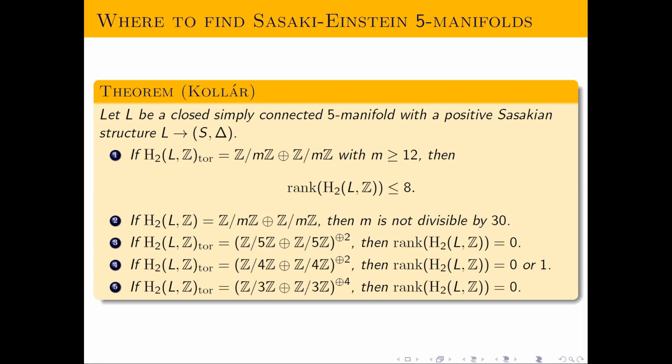And if it has no free part and the torsion part is like this, the second case, then the order of this torsion must not be divisible by 30. And in this case you must have the rank like this and like this and this. So that restricts the area a lot.